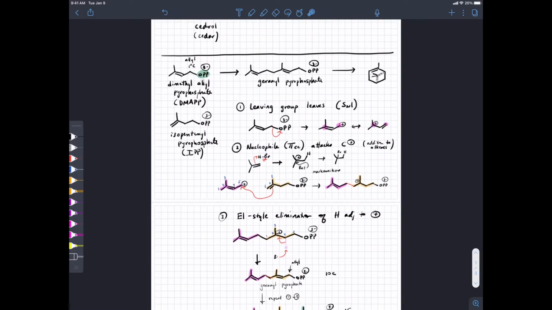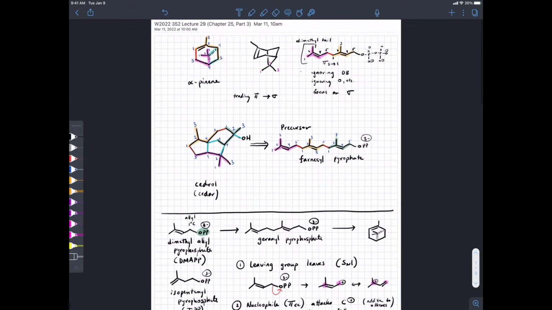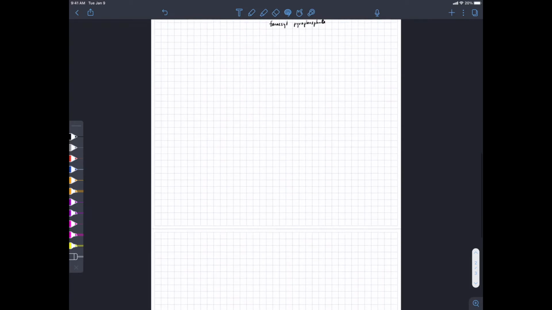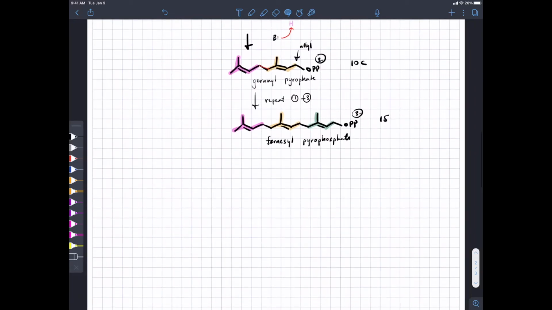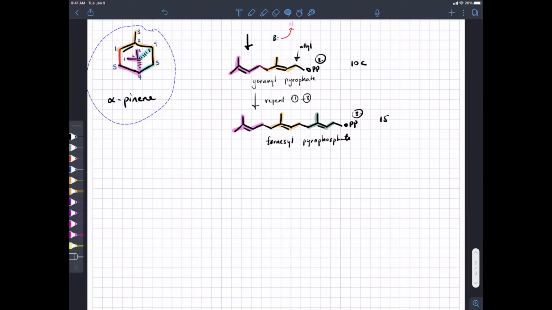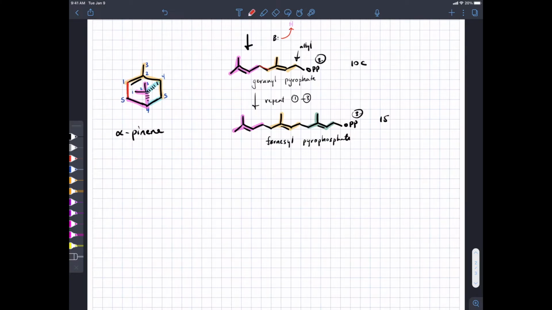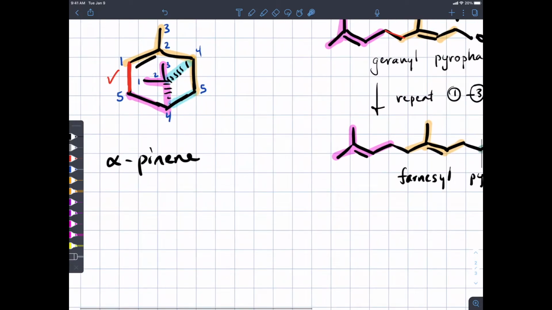We're going to be concerned about making all the other bonds. So I'm going to copy our structure of alpha pinene that we wrote above. We've already talked about how to make the bond between 1 and 5. The bonds we're going to have to make on our way to alpha pinene are highlighted in blue between pink 3 and orange 4, and between pink 4 and orange 5.